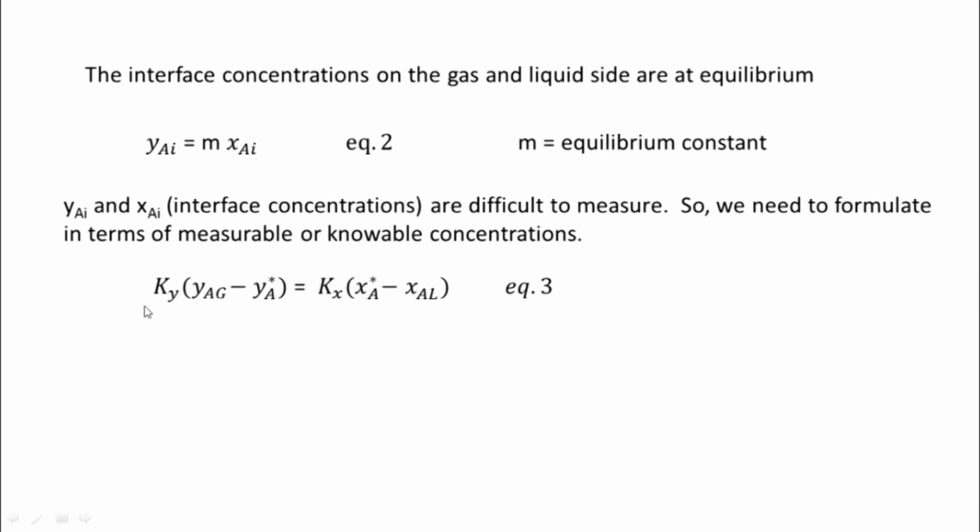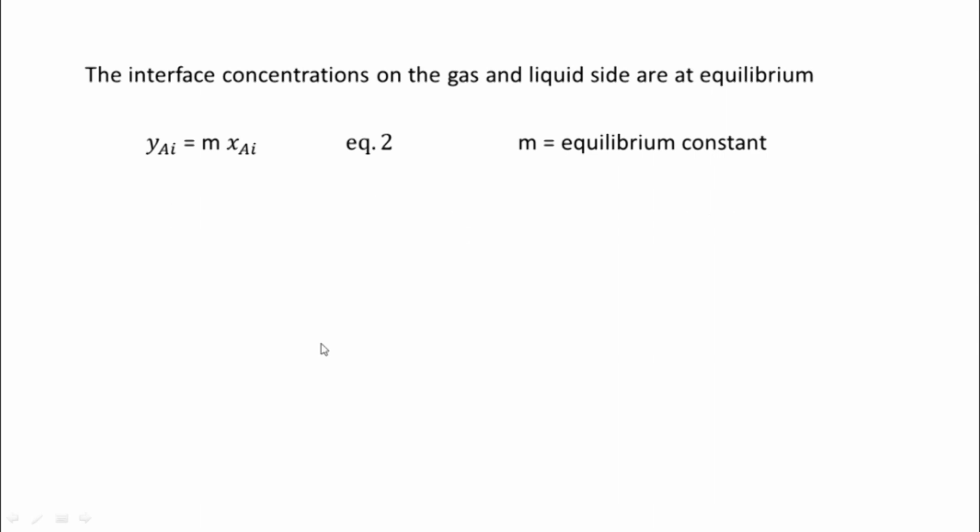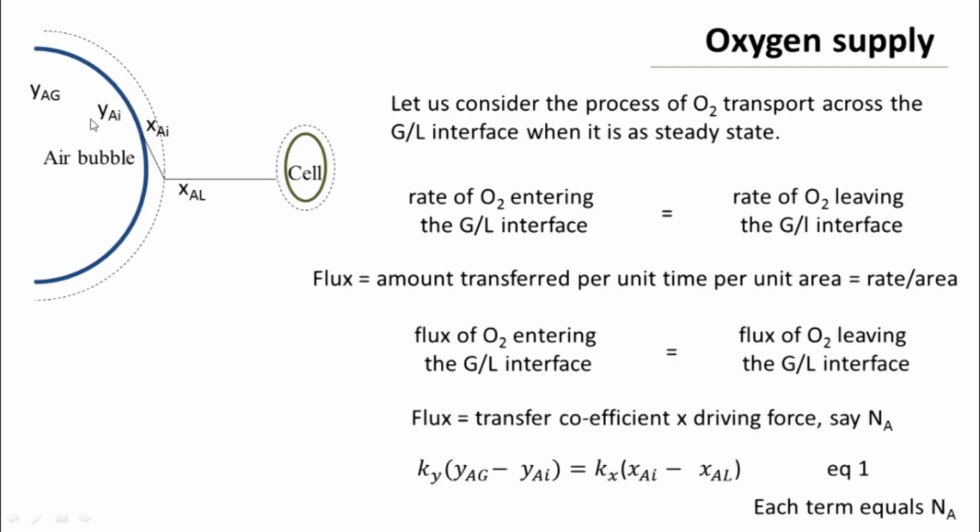So if we write this in terms of the concentrations that can be measured, let us say that this is some transfer coefficient Ky in the gas phase times YAG, which is the bulk gas concentration. I hope you can remember this. YAG minus something, YAG is here, XAL is here.